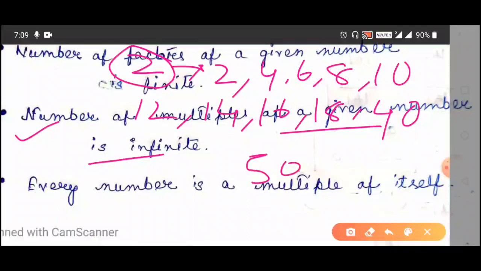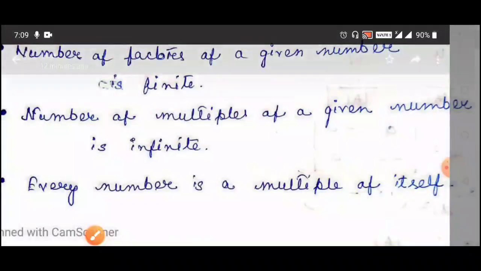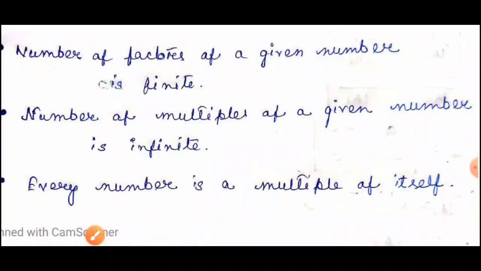In this way we can find many multiples of 2. How many multiples can we find? We cannot count. That means number of multiples of a given number is infinite.